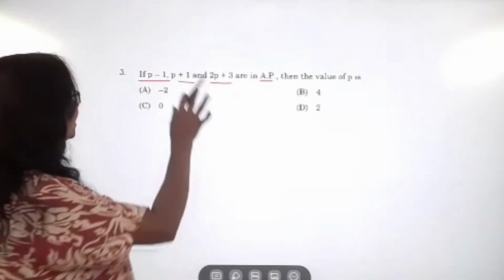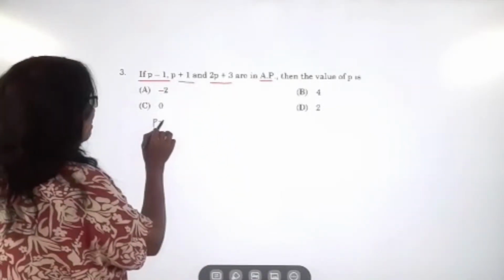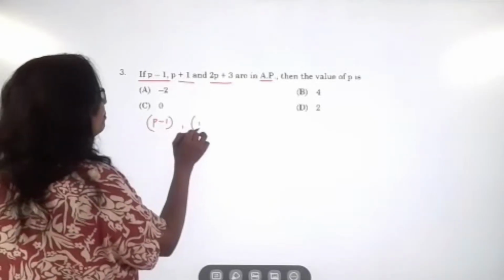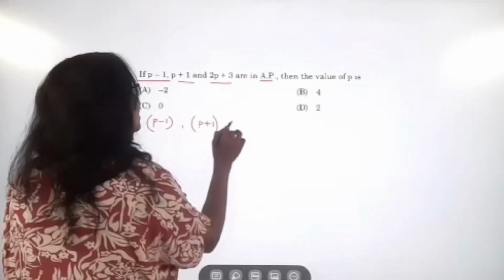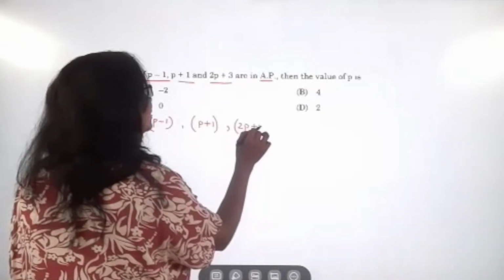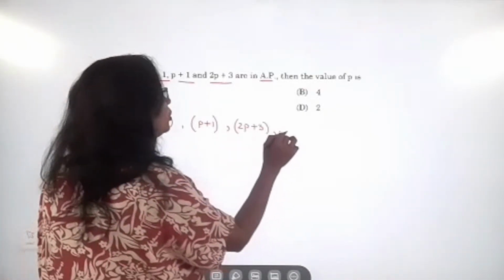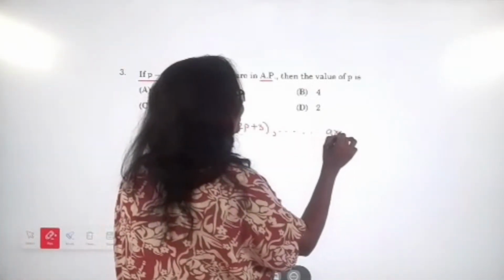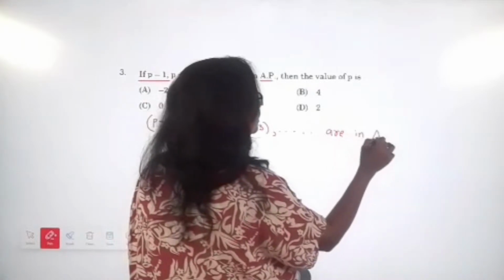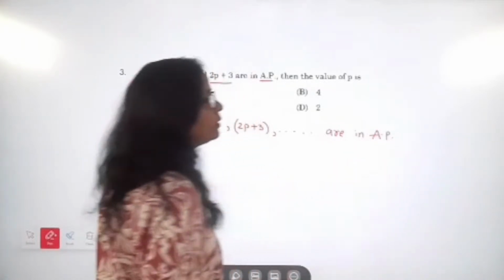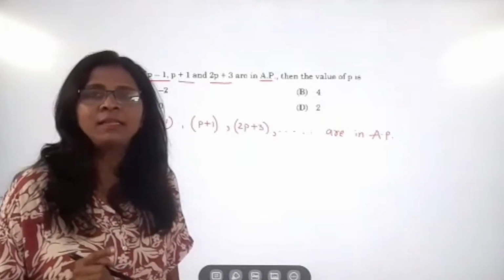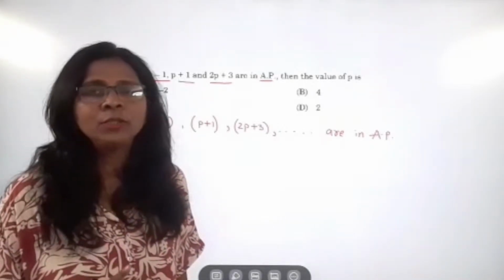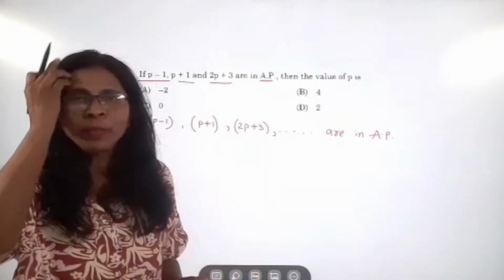Now here the given is that p minus 1, p plus 1 and 2p plus 3 are in AP. This sequence is in AP.